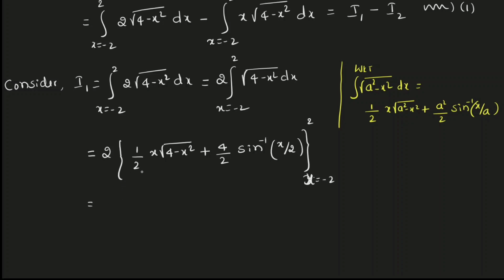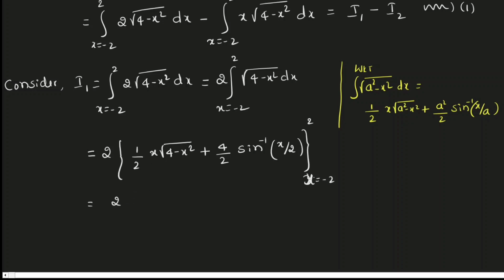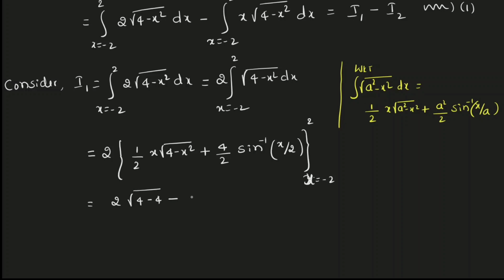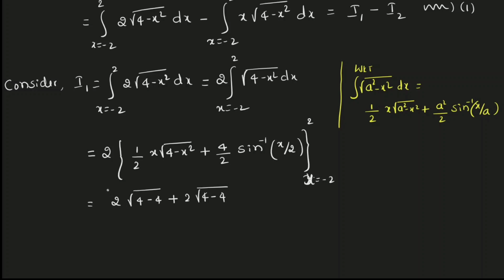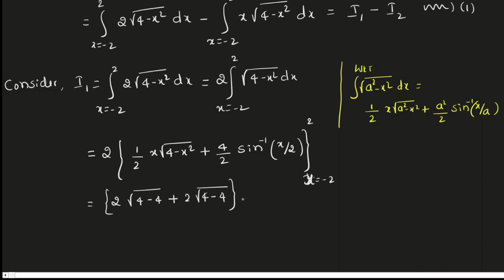Once you take 2 inside the bracket and apply the limits, the 2 will get cancelled for the first term. Upper limit: x is 2, root of 4 minus 2 square, that is 4, minus the lower limit minus 2, so it becomes plus 2 root of 4 minus minus 2 whole square, plus 4, so 4 minus 4 for the first expression.